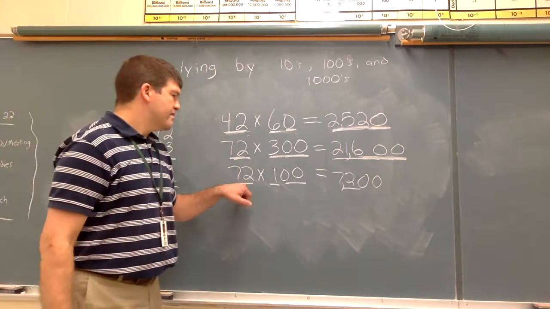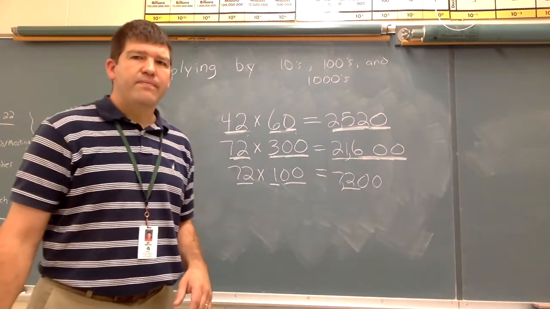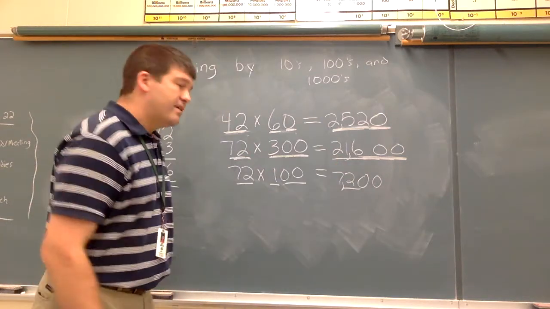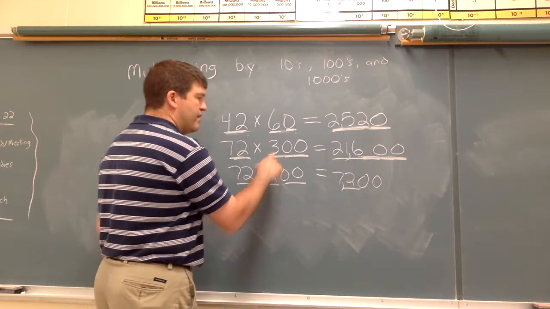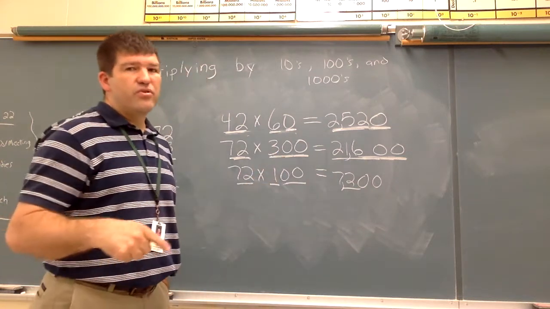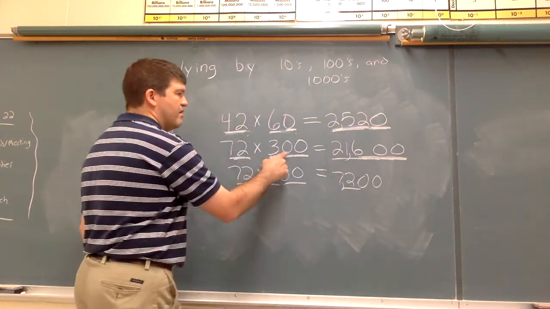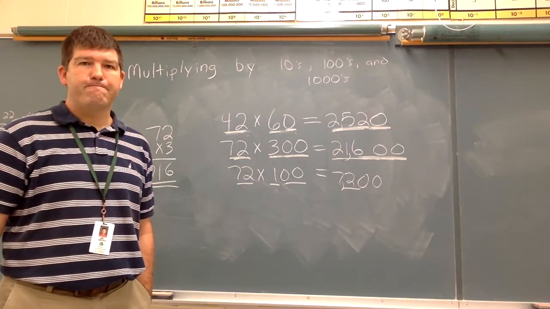Now, 72 times 100 equals 7,200. It's a lot less than this 21,600. But I'm doing it, instead of 100, 300 times. So this number would be three times as much to get all the way up to here.